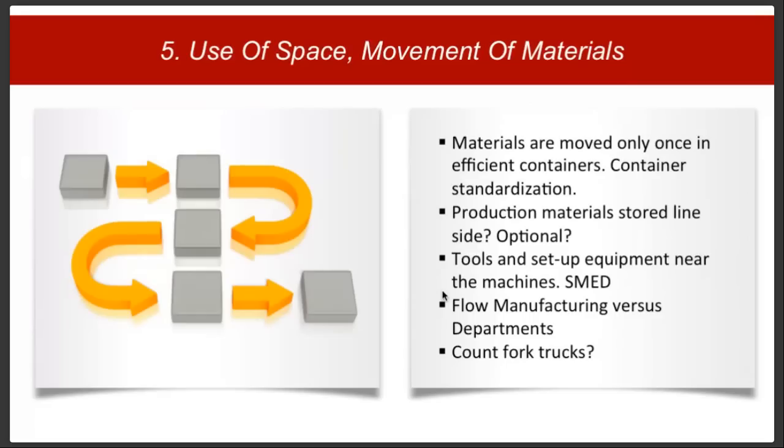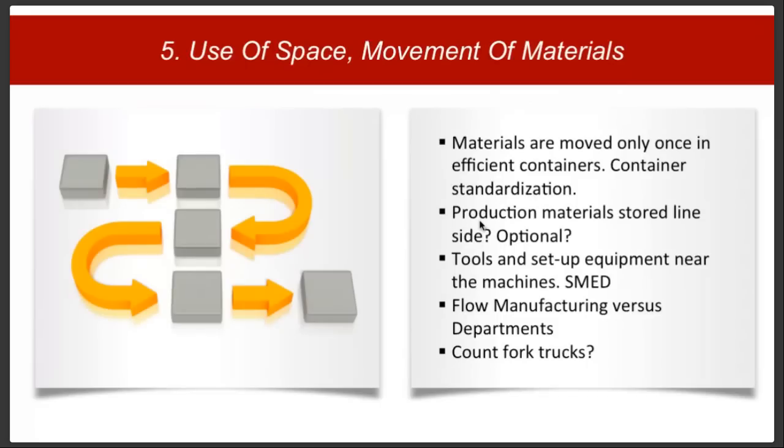Do they arrive in one straight shot? So those are the questions we start to look at. How many times are you moving the materials? How many containers are you moving? How many different types of containers do you see? That takes us into the thinking of container standardization, which, based on experience, is not a minor job.